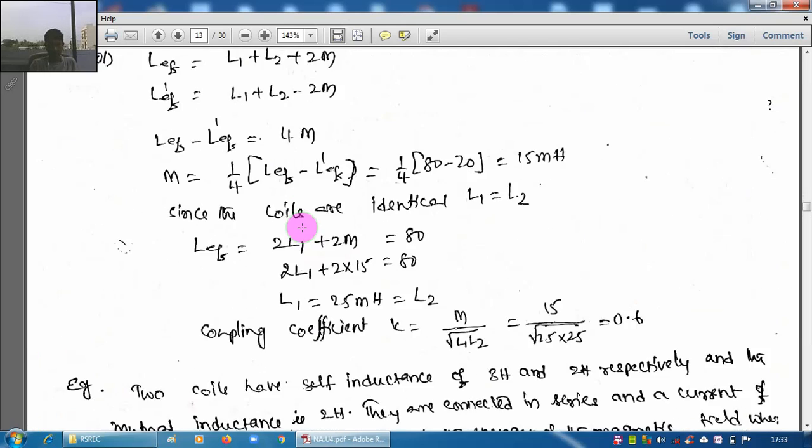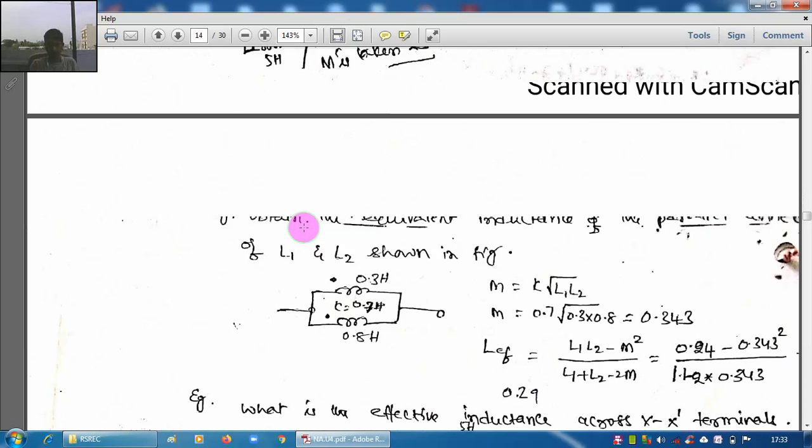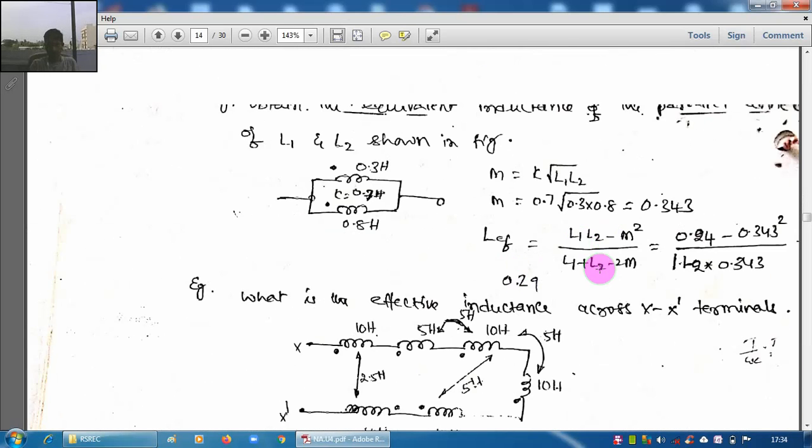This is the formula. But as K is given, M is determined from the K value, L1 and L2 value as 0.343, and that M is used here, and finally the equivalent inductance is found to be 0.29.